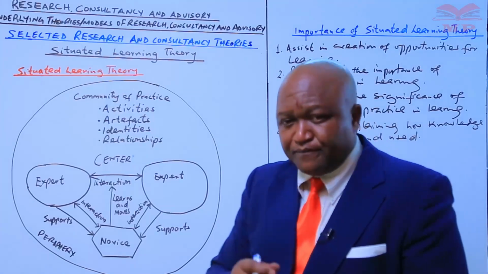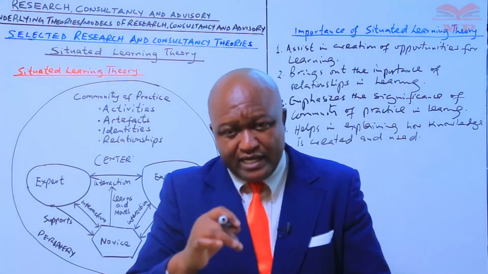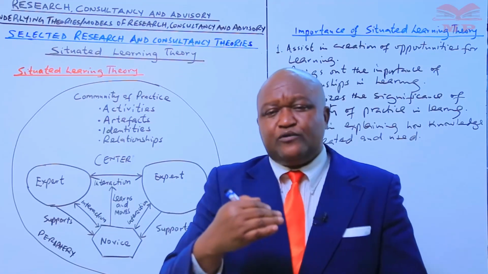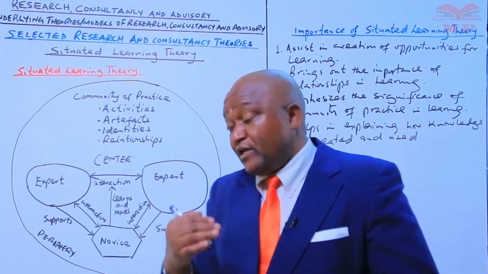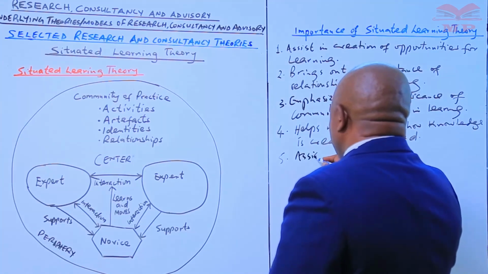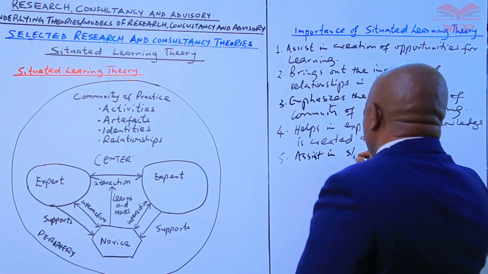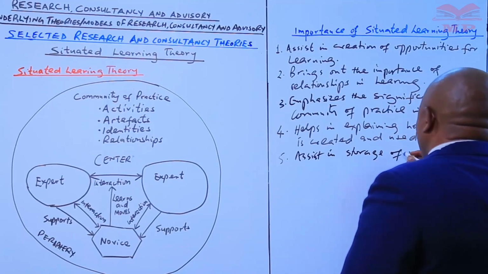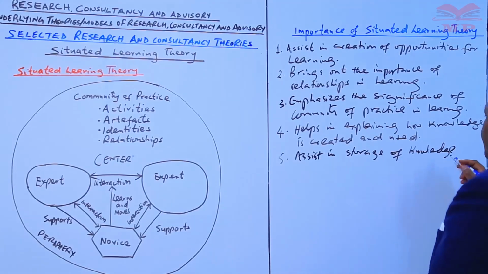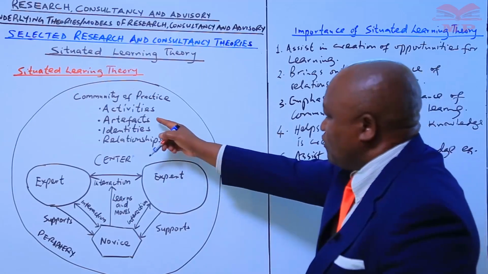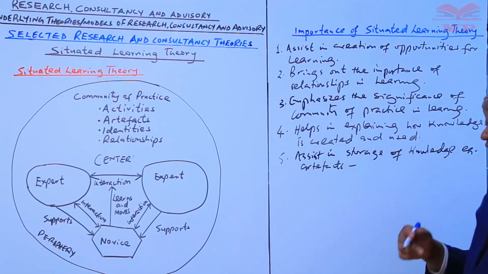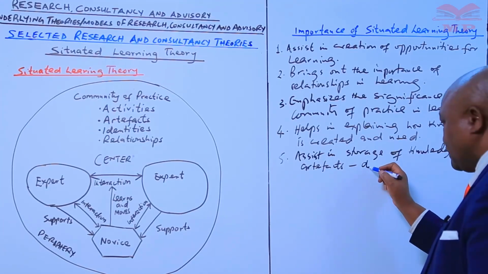It is also important to note that this situated learning theory can help in understanding how an organization can store knowledge. So if knowledge, for example, when you talk about artifacts, an organization may have symbols that define what that organization is.